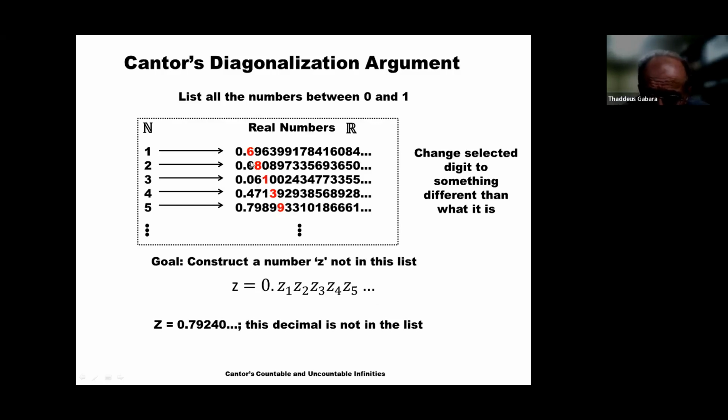So if we take a look at 68139, I changed it to 79240. This number z is not in this list. We did not enumerate the natural cardinal numbers N with the real numbers. We did not do it.